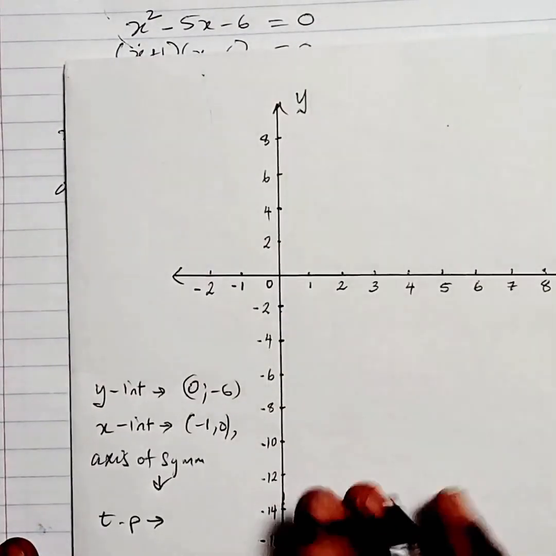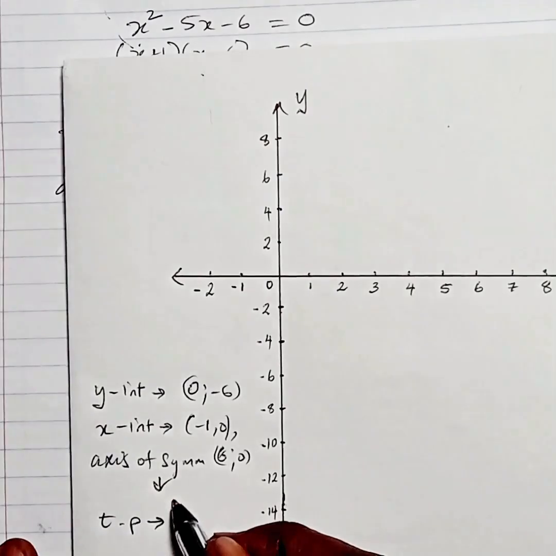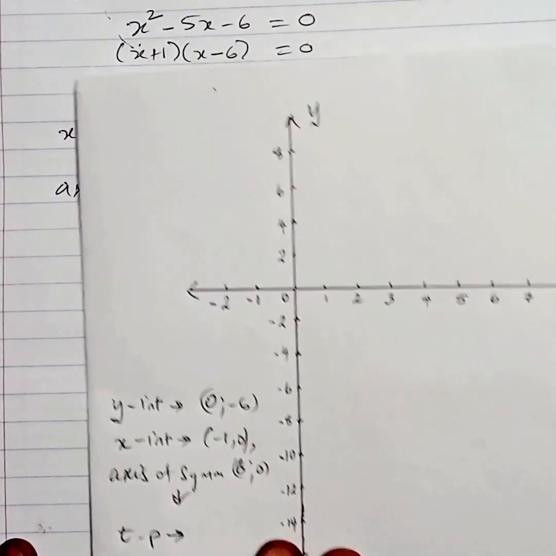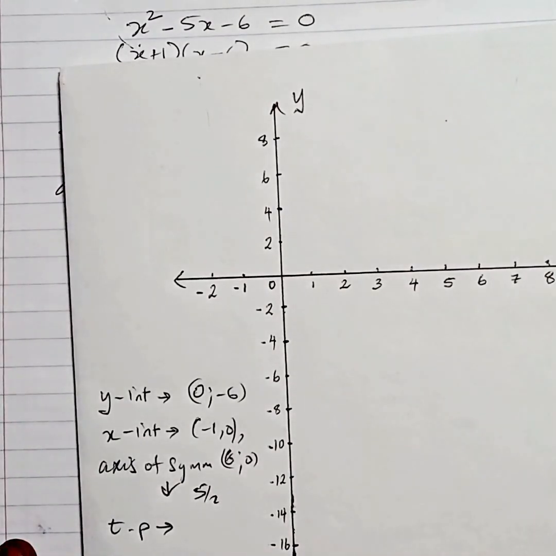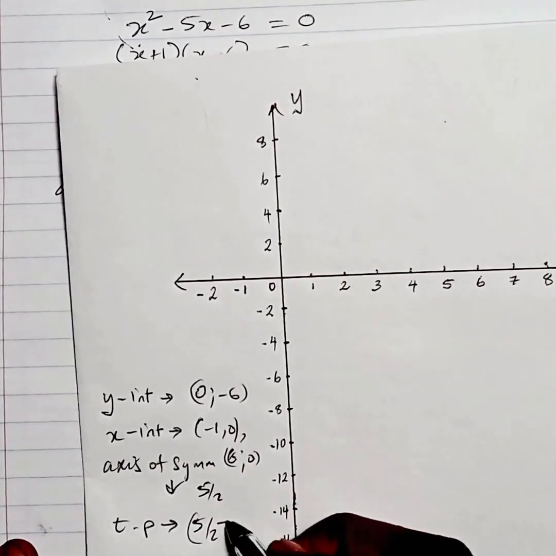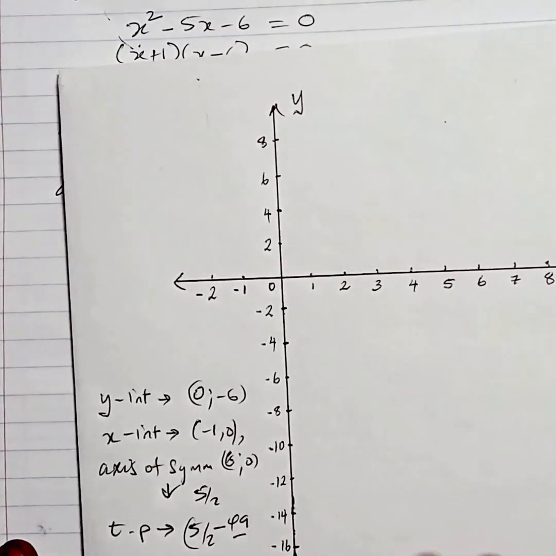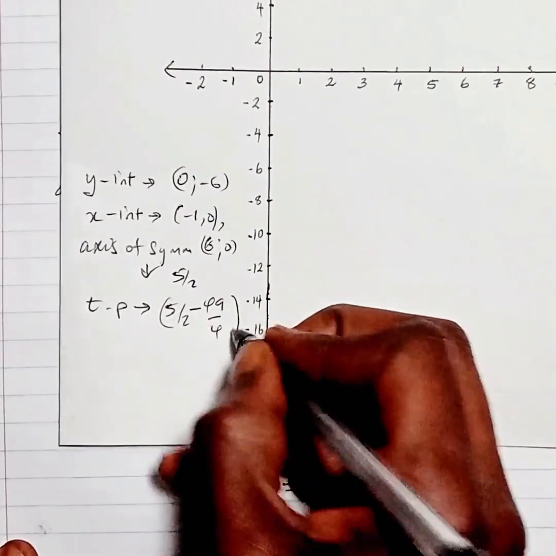The other one is (6, 0). Okay, now the axis of symmetry is 5/2. And the turning point, you remember, is (5/2, -49/4). That is the turning point.